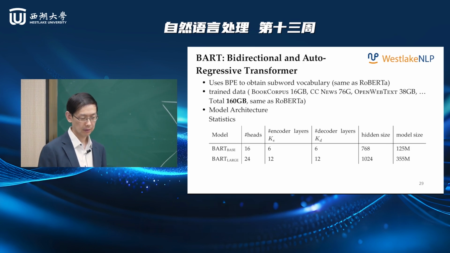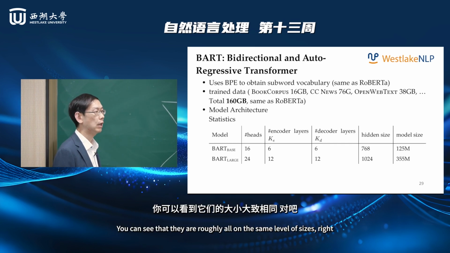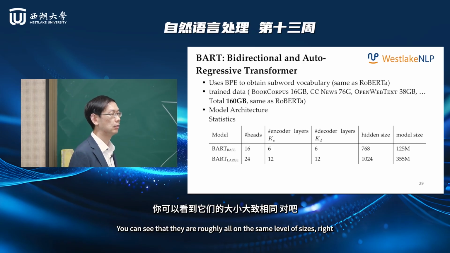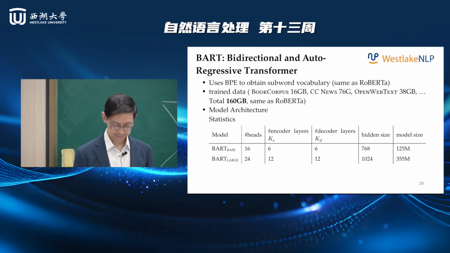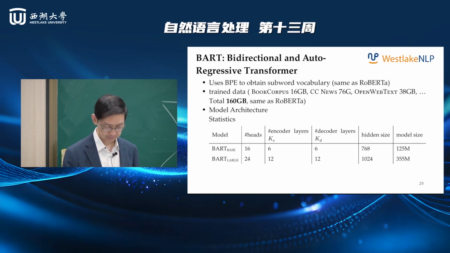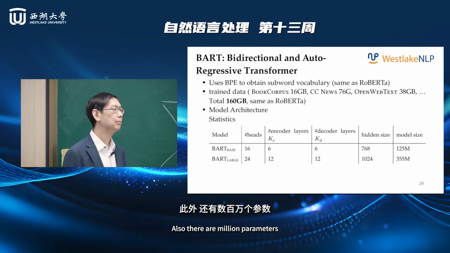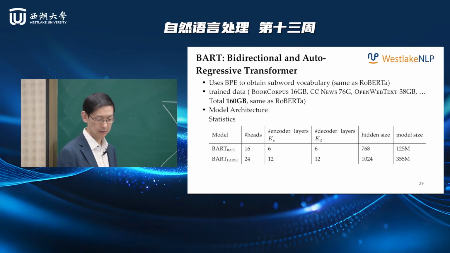You can see that they are roughly on the same level of sizes. The base size is about 100 or so, and the large size is about 300 or above. Oh, sorry, million parameters.